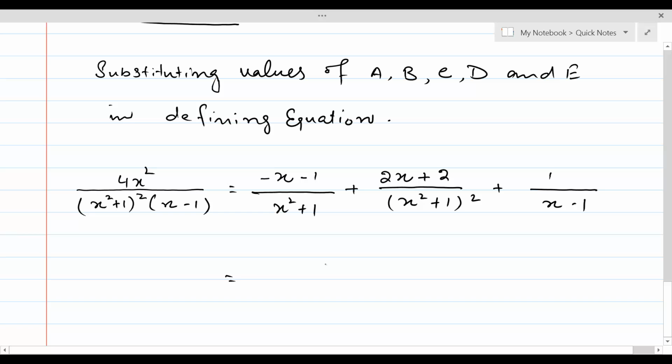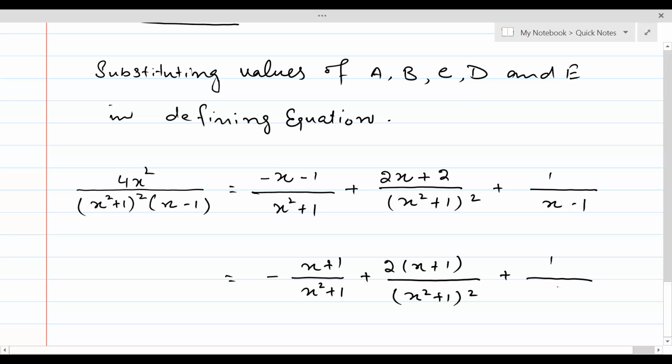In fact, we can write it as minus (x plus 1) over (x² plus 1) plus 2 times (x plus 1) divided by (x² plus 1) whole squared plus 1 over x minus 1.